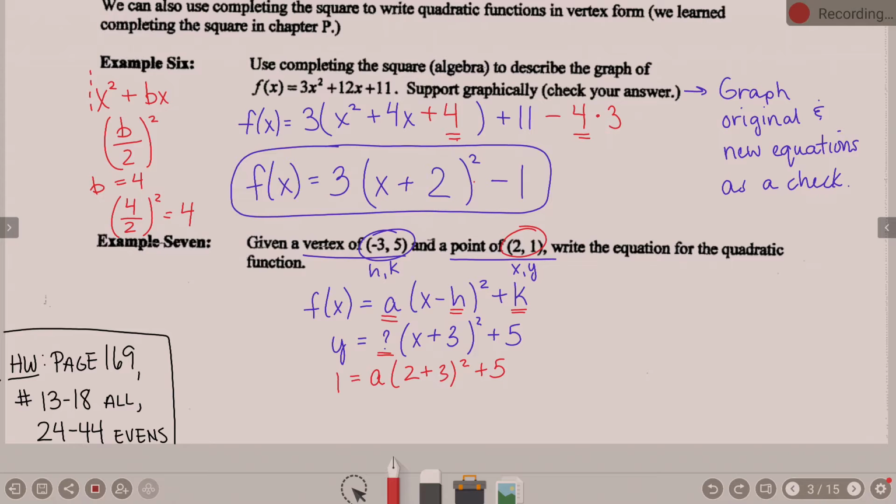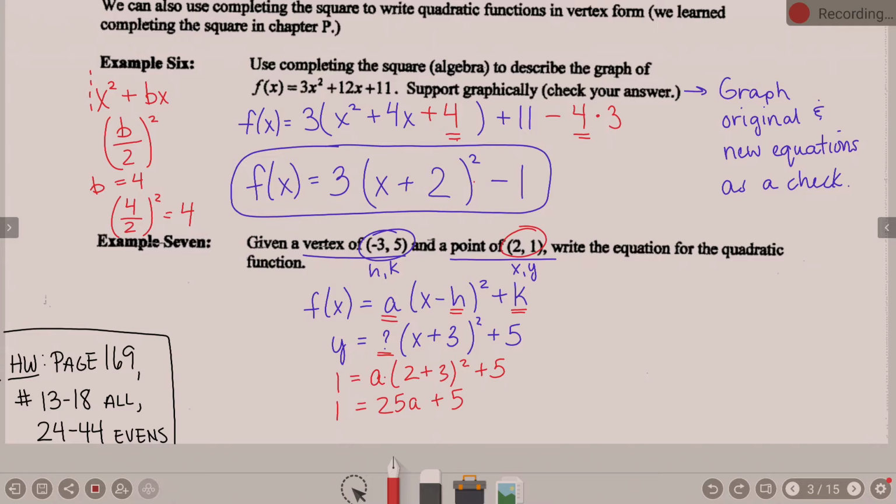You guys say PEMDAS. I talk about my Aunt Sally. So 2 plus 3 is 5. 5 squared is 25. Now note, don't go on and do 25 plus 5. What is this 25 attached to? That's 25a plus 5, and it still equals 1. So that's the trick right there, don't go on and say, oh, that's 30a. No, it's 25 times a plus a 5.